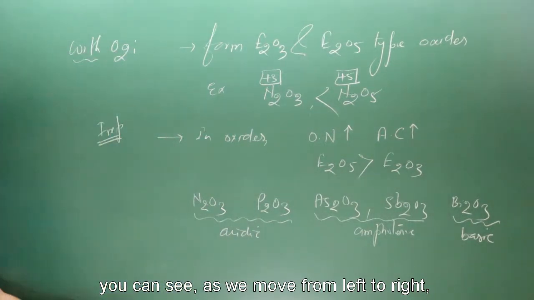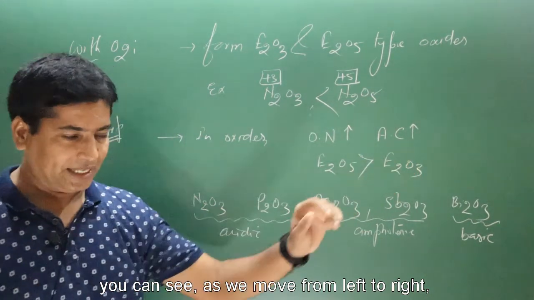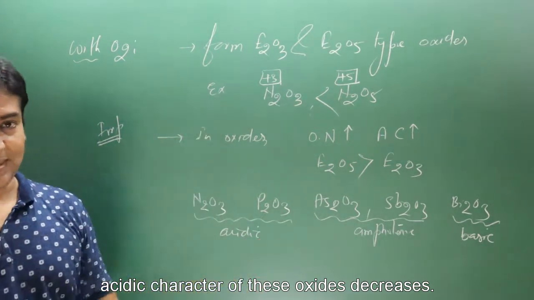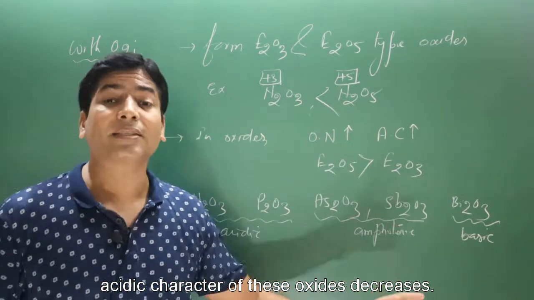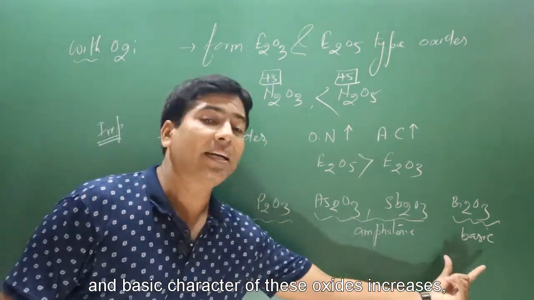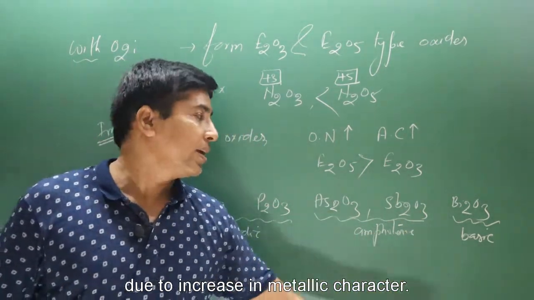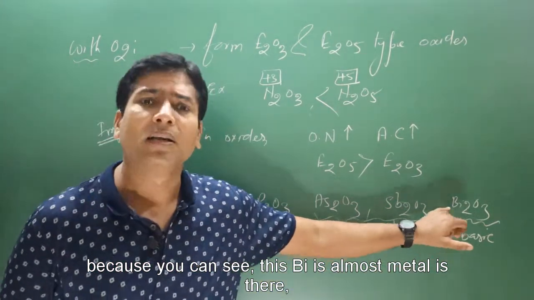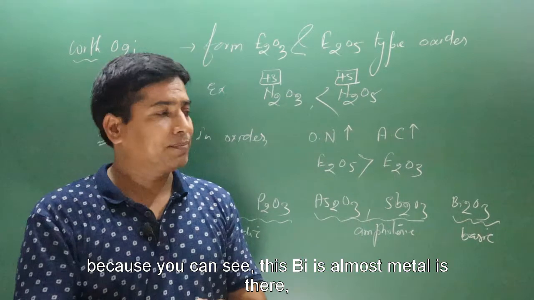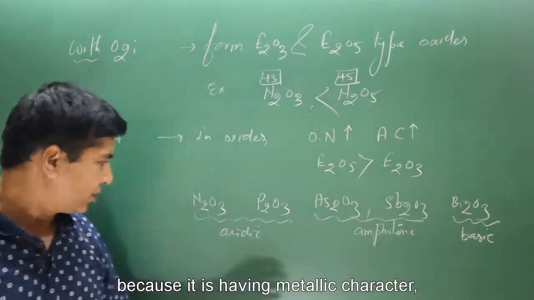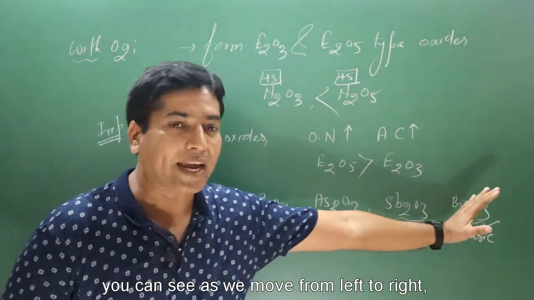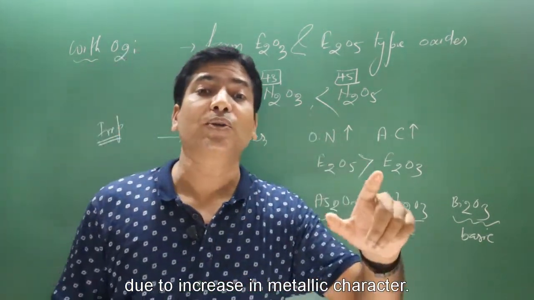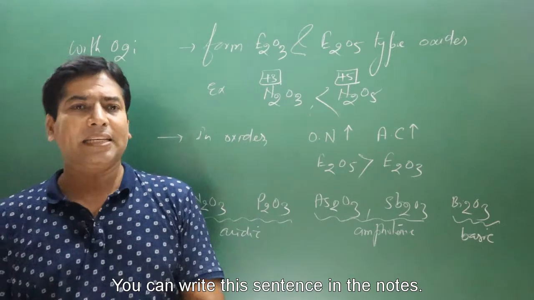You can see as we move from left to right, acidic character of these oxides decreases and basic character of these oxides increases due to increase in metallic character. Because you can see this bismuth is almost a metal, it is having metallic character. You can write this sentence in the notes.